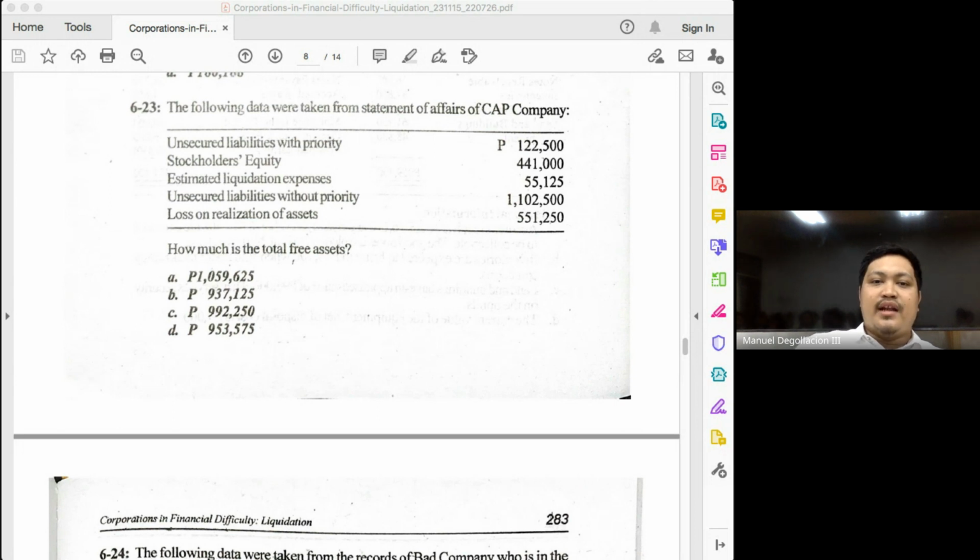Does everyone understand how we use the 55,125 and the 551,250, class? Again, I just want you to understand that they will have an effect of decreasing your equity. And we're reflecting them in our equity to get the total deficiency, which will be shouldered by our unsecured without priority.